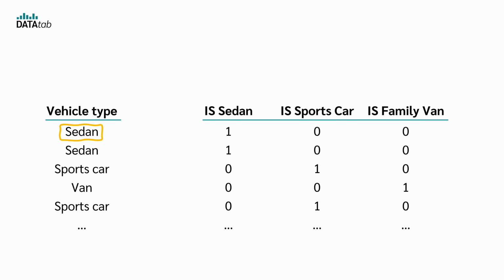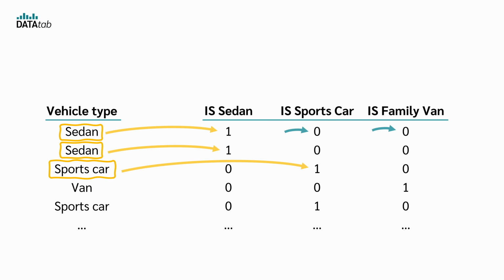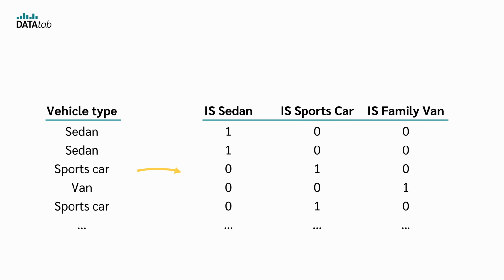For the first vehicle, which is a sedan, we assign a 1 under sedan and 0 under the others, as it's neither a sports car nor a family van. Similarly, the second vehicle is also a sedan. The third vehicle, however, is a sports car, so you assign a 1 under sports car and 0 under the others. By doing this, we've successfully created our dummy variables.